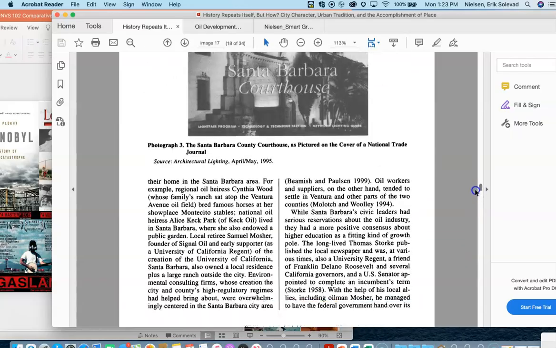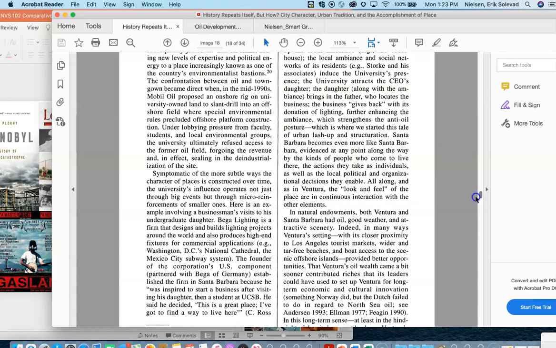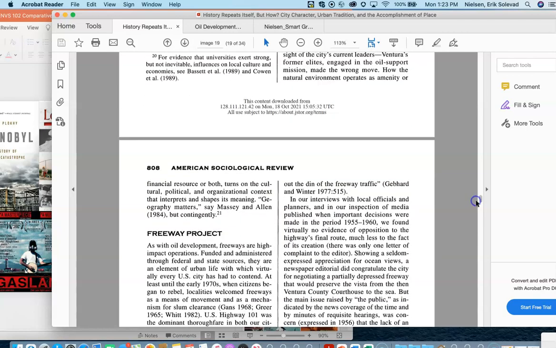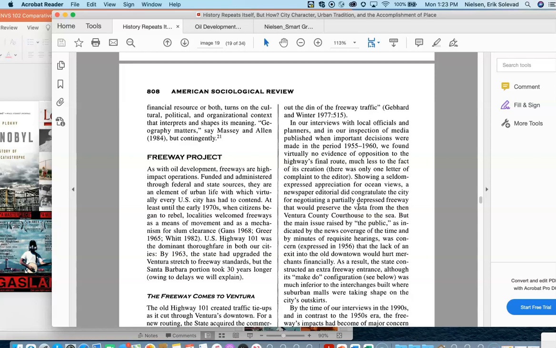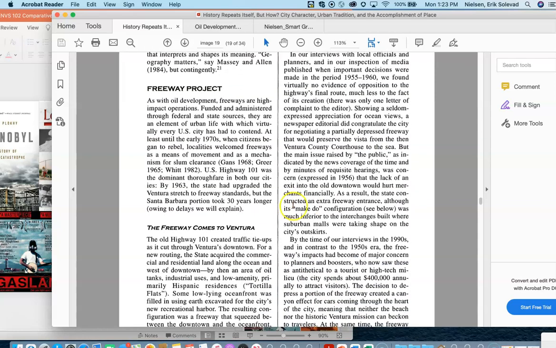If you remember, you may remember that I had talked about how when the 101 came to Ventura, one way that Freudenburg and these other researchers did their comparative analysis was to look at letters to the editor.